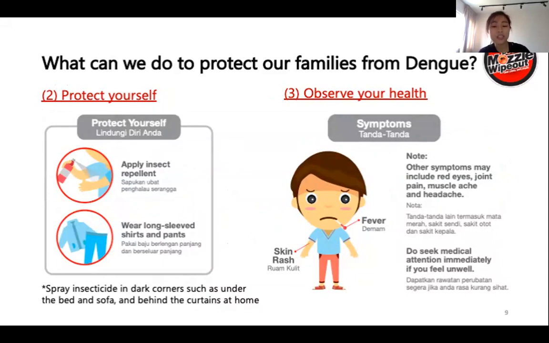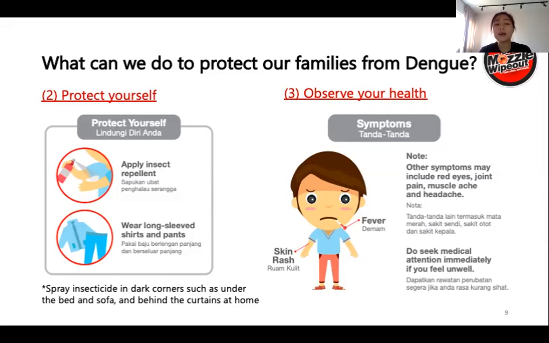So do pay attention to these areas and spray insecticide where possible. Thirdly is to observe your health. If you have a fever, please go straight away and seek medical help. And it'll be good if you also recognize the symptoms that we mentioned earlier.